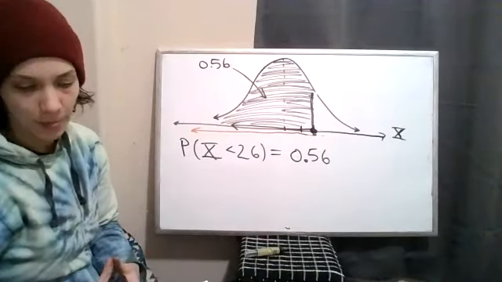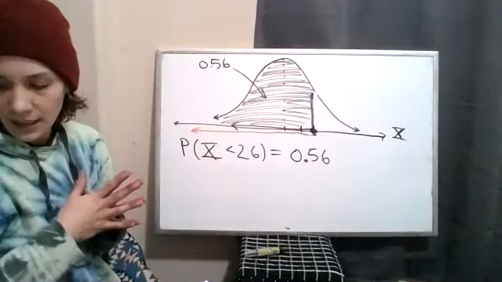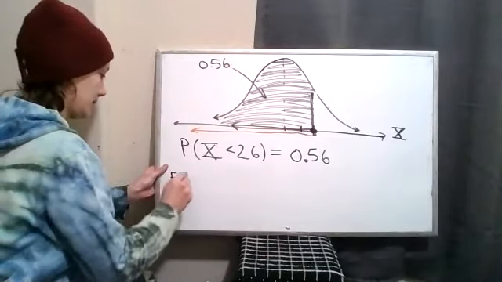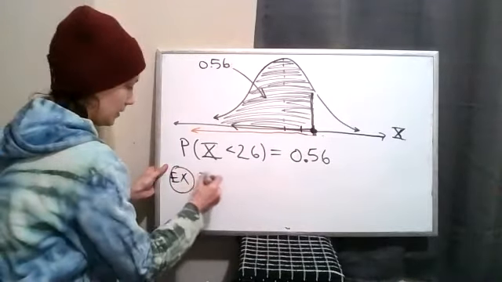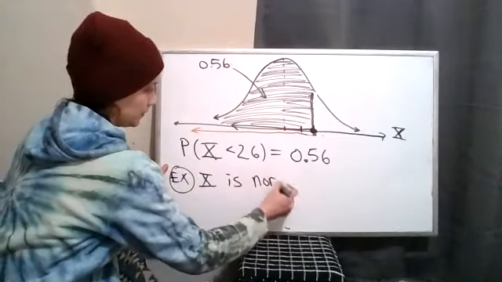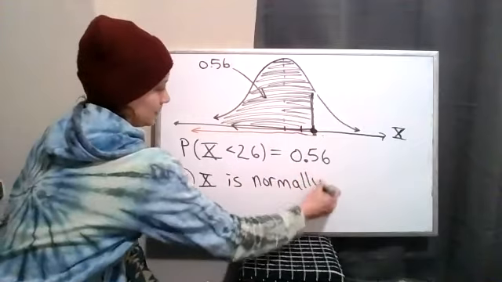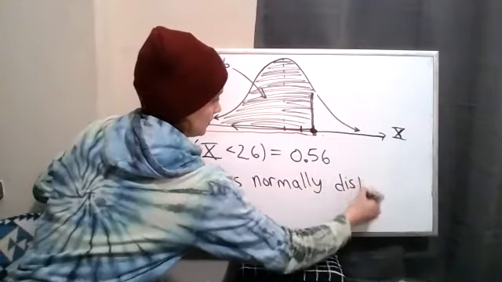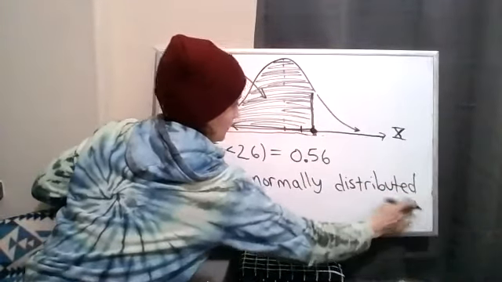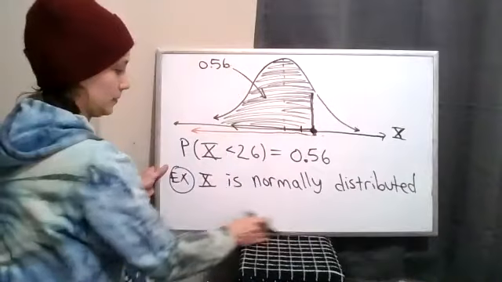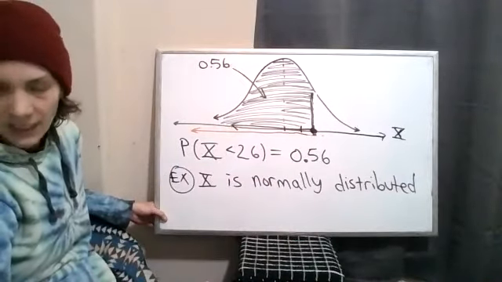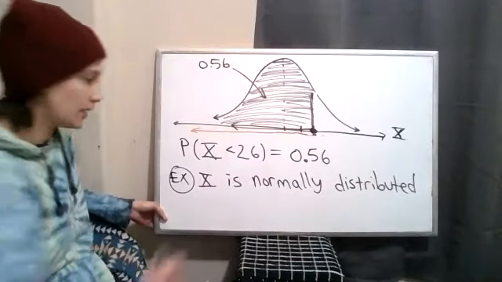Next example. X is normally distributed with mean of 50 and standard deviation 7.